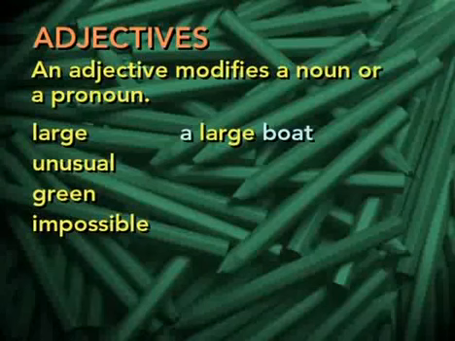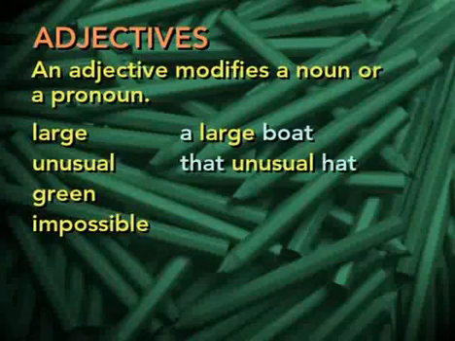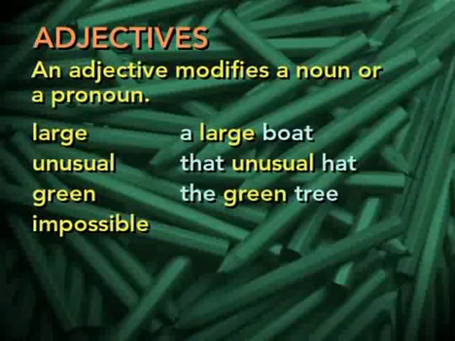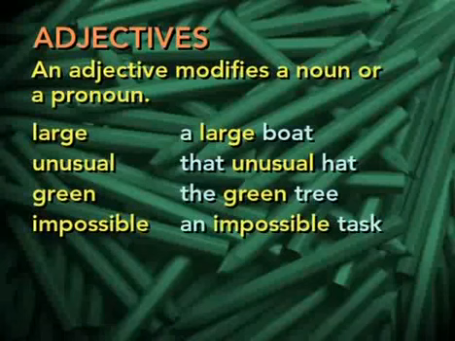In the same way, the adjective unusual would give more information about the noun hat in a phrase like that unusual hat. The green tree, the adjective green gives more information about the tree. And an impossible task, the adjective impossible gives more information about or explains something more about the noun task.